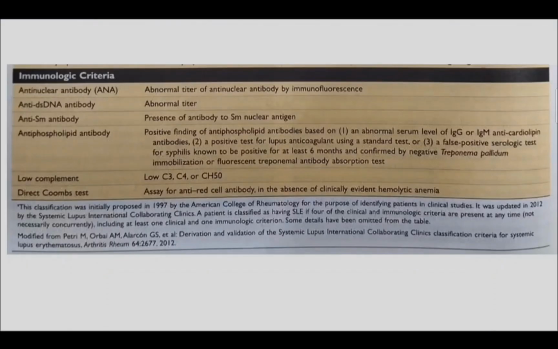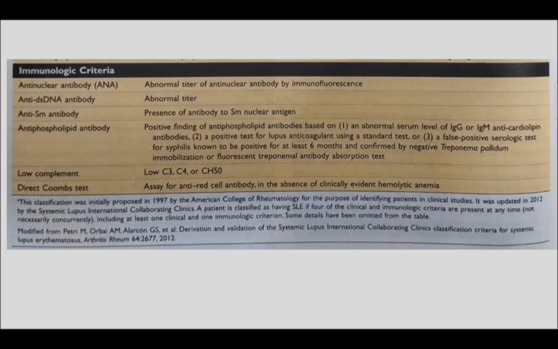If we talk about immunologic criteria, there are anti-nuclear antibodies, anti-dsDNA antibody, anti-Smith antibody, antiphospholipid antibody, low complement, and direct Coombs test. Anti-nuclear antibody is an abnormal titer of anti-nuclear antibody by immunofluorescence.